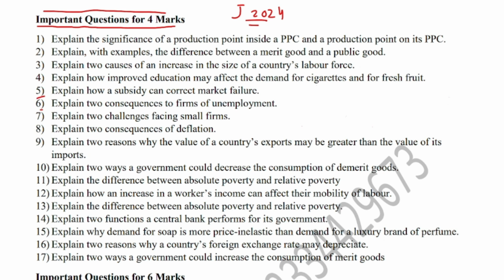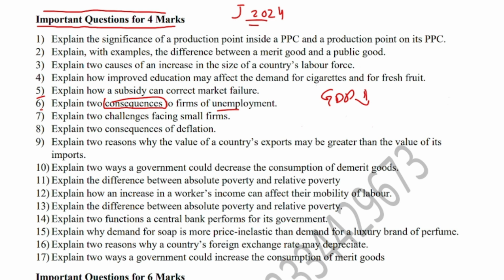Question number 6 is explain 2 consequences to firms of unemployment. So if unemployment occurs, what will be the 2 consequences, the 2 impacts? One impact that you can talk about is greater unemployment will decrease economic growth of the country or decrease GDP of the country, because lesser production will take place in the country.